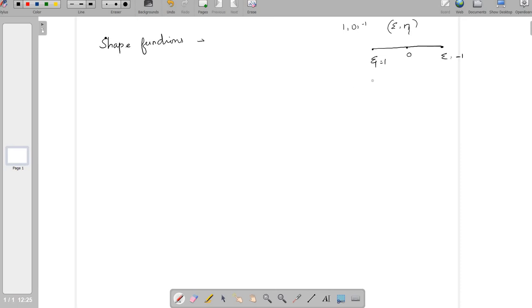So now I am going to write the shape function with this natural coordinate as 1 plus epsilon by 2, in such a way that n1 is the shape function at node 1. Here it is first node, here it is second node.